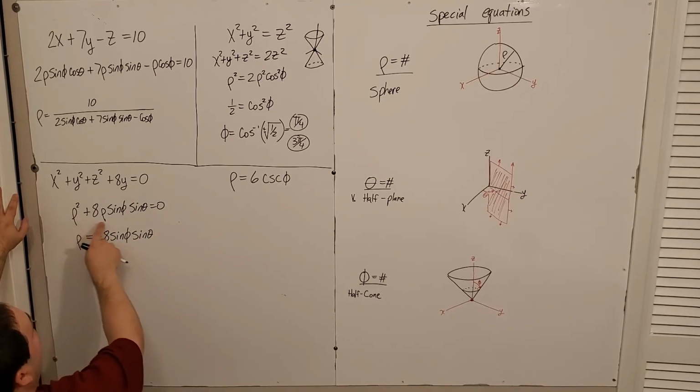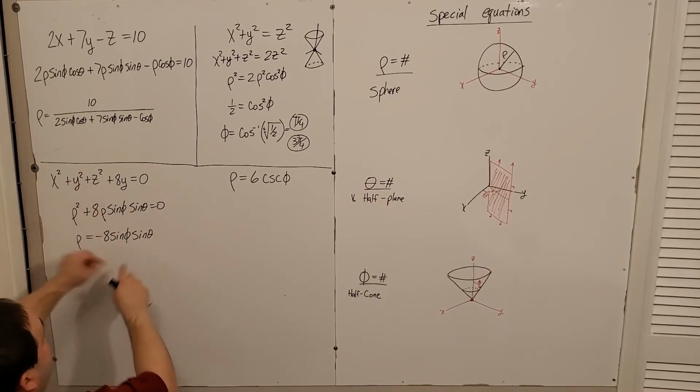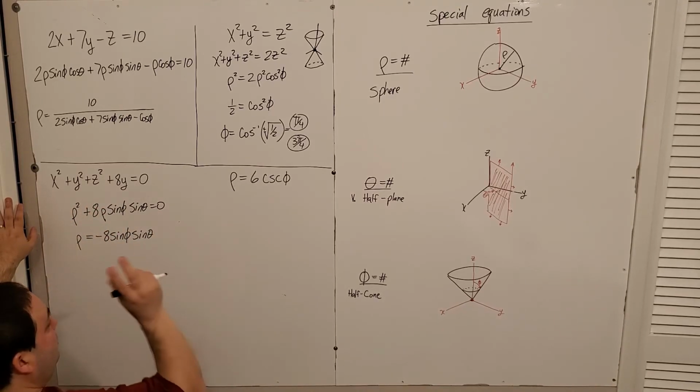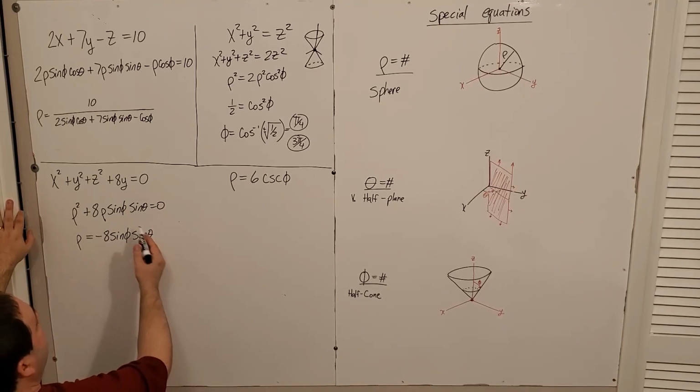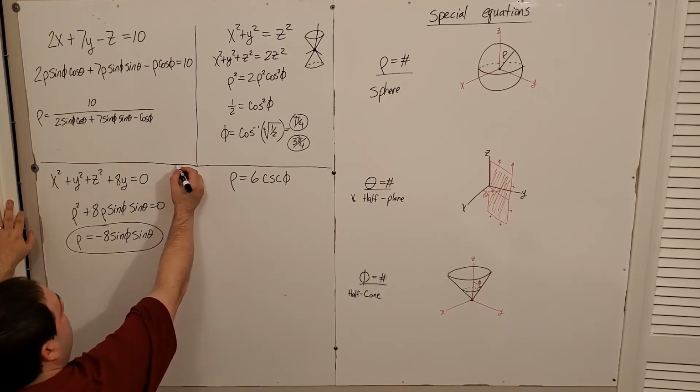I just factor out a rho, and then I've got two solutions. Either rho is 0 or rho is equal to this. Rho equals 0 would just make it a point. So this is my equation in spherical right here. Okay?